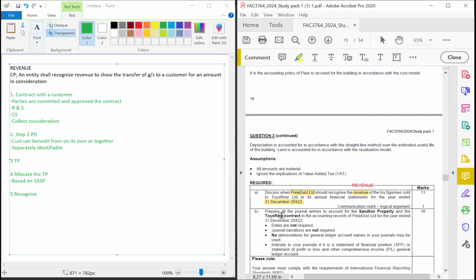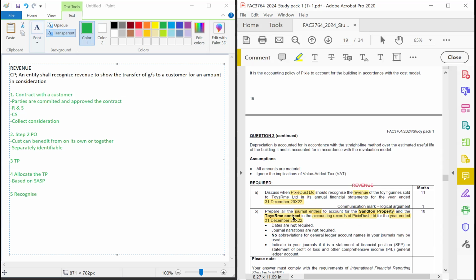Now, when we move to part B, it says prepare all journal entries to account for the certain property, right? And the Toys R Us contract in the accounting records of Pixie Dust Ltd for the year ended 31st December 2022. Right? So every time you are seeing a property, most likely you are going to be answering from the perspective of PPE or investment property, right?